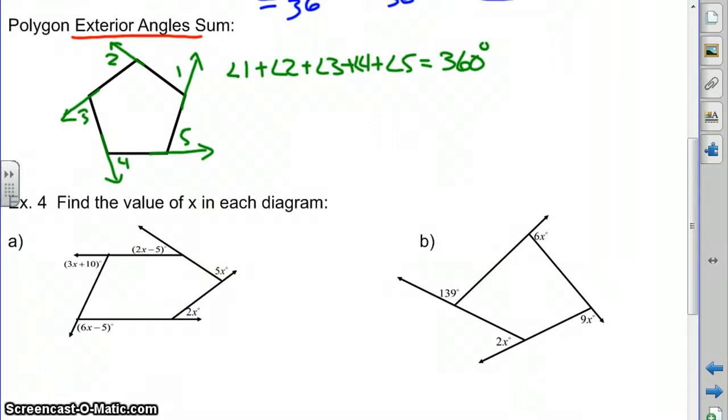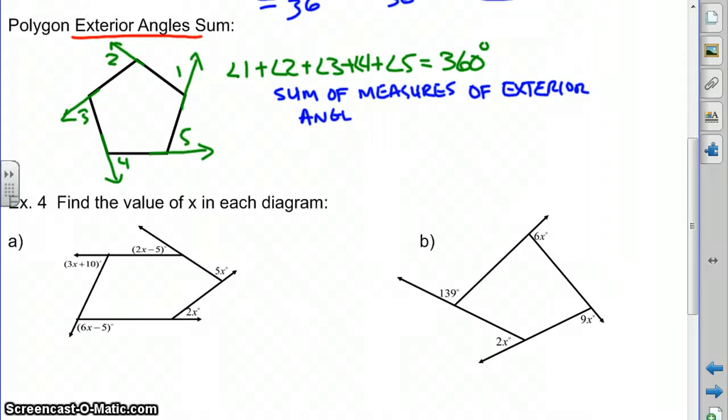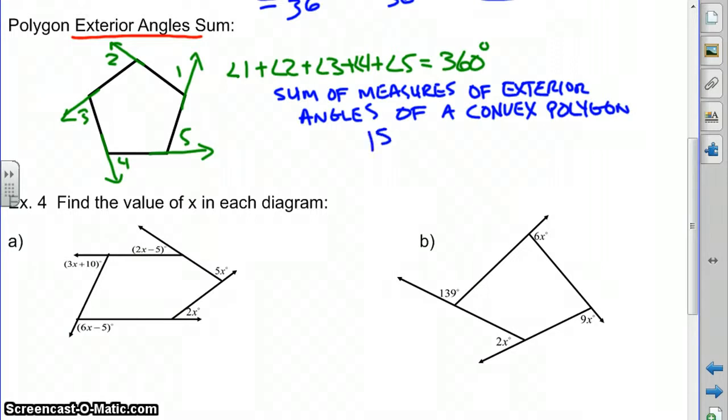So essentially, that's saying that the sum of the measures of exterior angles of a convex polygon is 360 degrees. If I add up all of the exterior angles, I'll get 360 degrees.